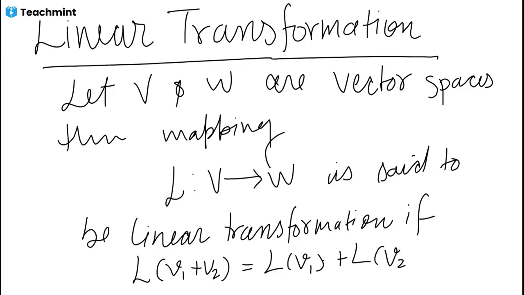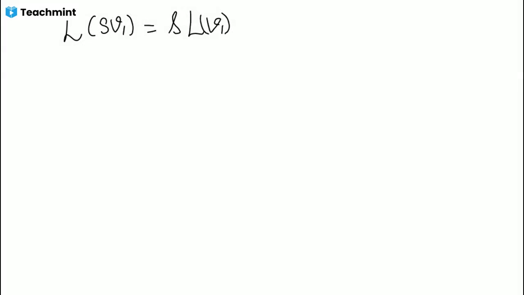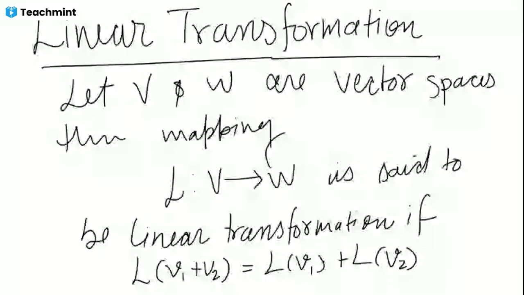What it means, I'll explain by using an example. And if we multiply scalar S with V1, that gives scalar times L V1. Like the definition of vector space, these are two axioms, or two properties, which we need to satisfy to show the linear transformation of the given vectors.